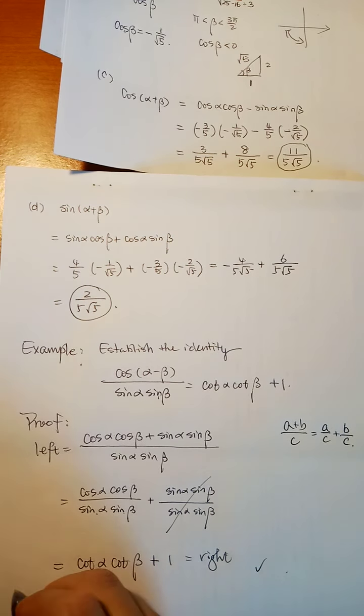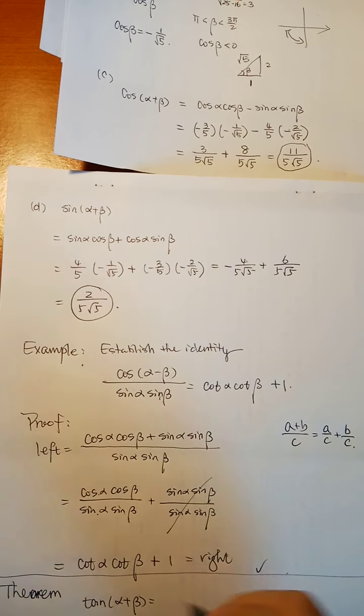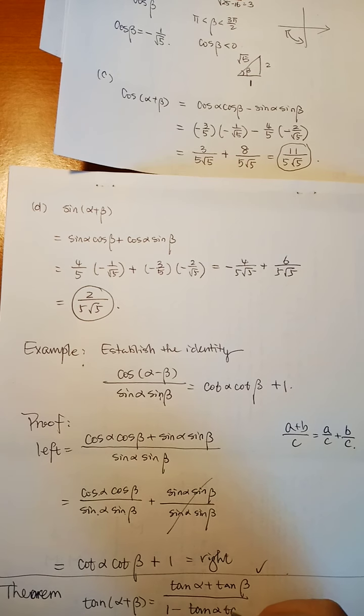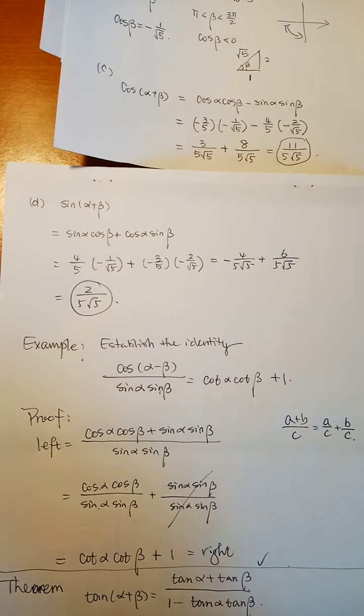The theorem for the tangent sum and difference: tangent of alpha plus beta is tangent alpha plus tangent beta over 1 minus tangent alpha tangent beta. The difference: tangent of alpha minus beta is tangent alpha minus tangent beta over 1 plus tangent alpha tangent beta. So that's the sum and difference formula for the tangent.